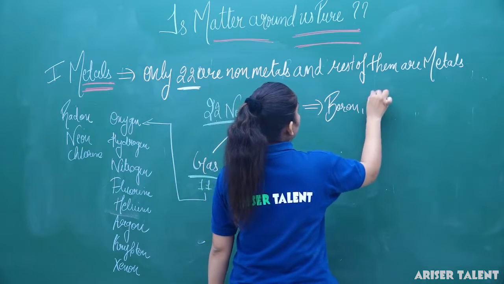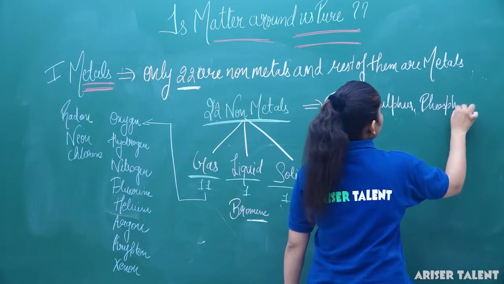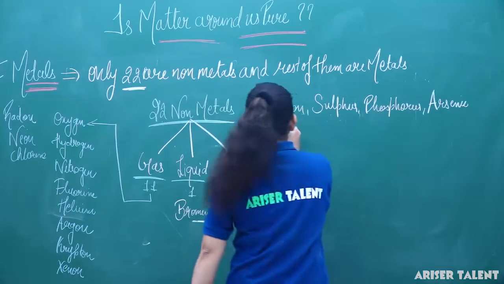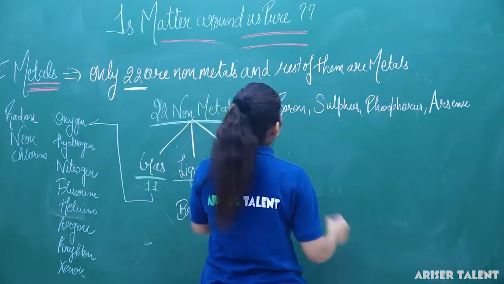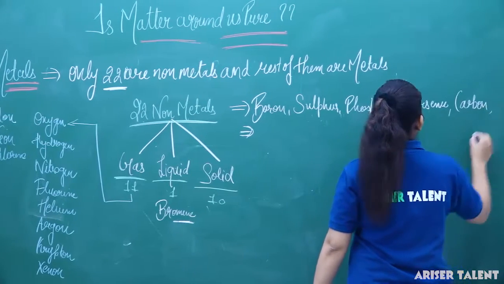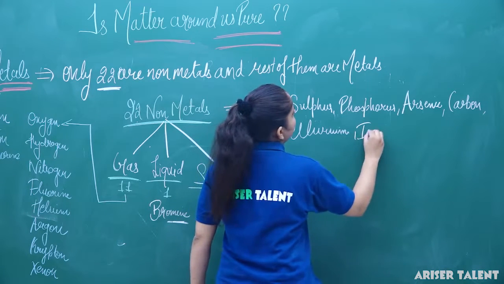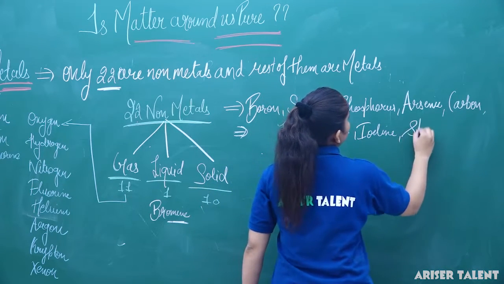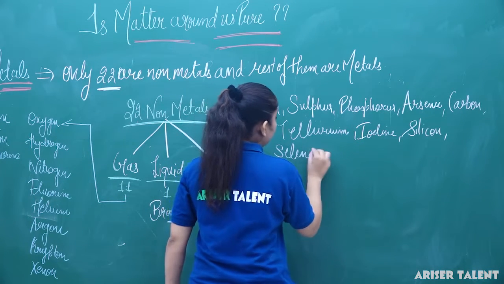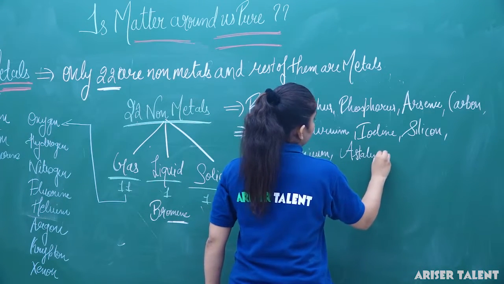They are boron, sulfur, phosphorus, arsenic, carbon, iodine, silicon, selenium, tellurium and astatine.